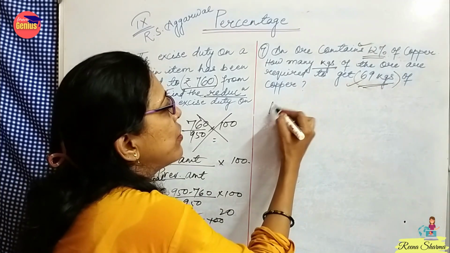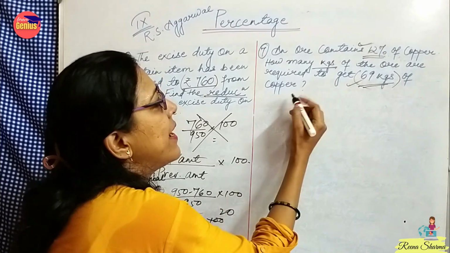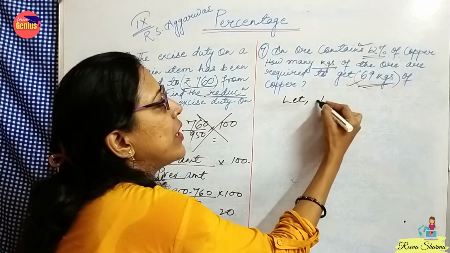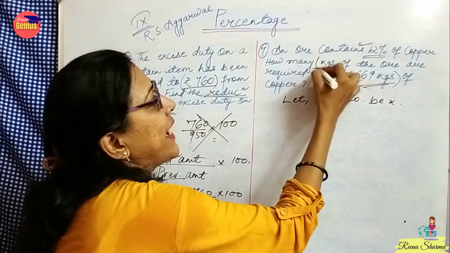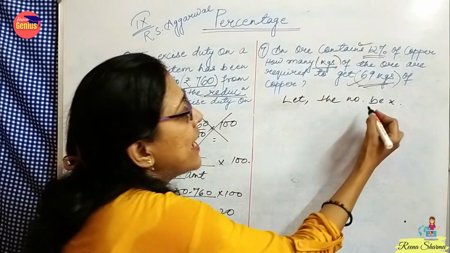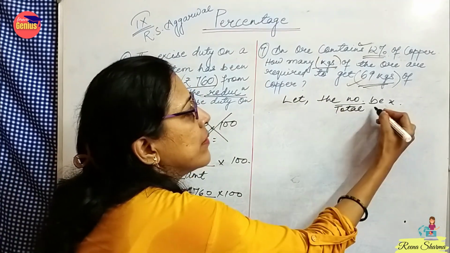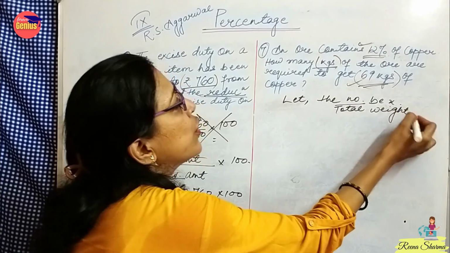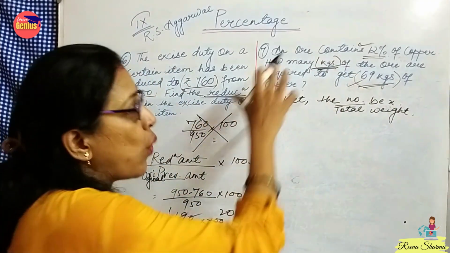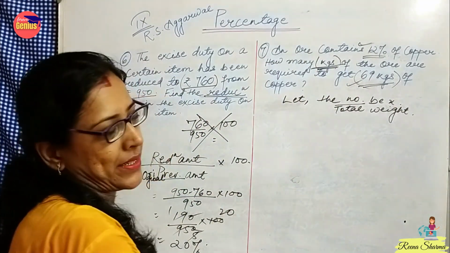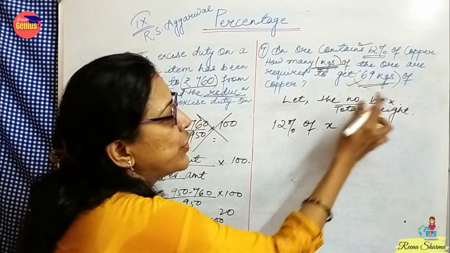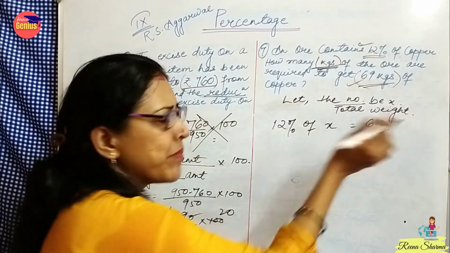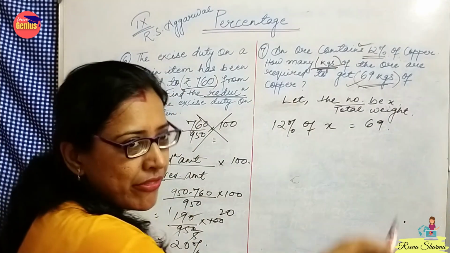Let the number be x, or the total kgs. Here number means total weight, that is the total weight of this ore in which copper is mixed. So 12% of x, which we don't know, is equal to 69. Isn't it? The same way.